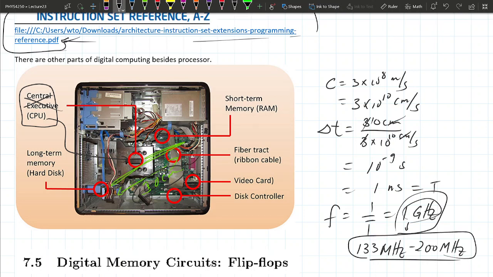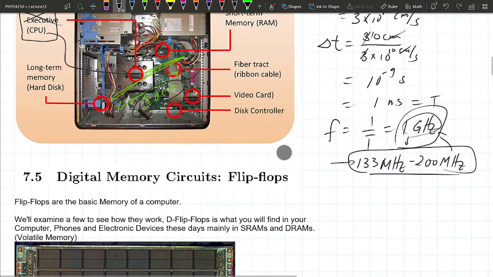So this is restricted by the speed of light, basically. I'm sure there are like military systems that push to the edge of this 1 gigahertz, but for commercial electronics, yeah, we're sticking with about 200 to 133 megahertz. And we're gonna see this once we start talking about clocks and stuff.